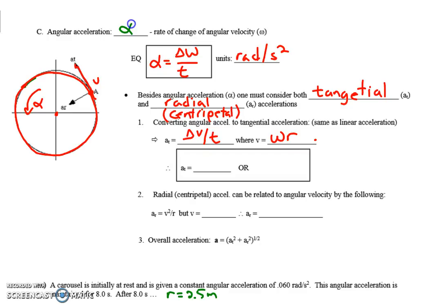So a is going to be the change in omega r, all over t, and delta omega over t is angular acceleration, so that simply becomes alpha r. We saw earlier that linear velocity is omega r, so now we see linear acceleration is angular acceleration times r, or we can rearrange that and say alpha is a over r. That has its advantages for knowing at other times.